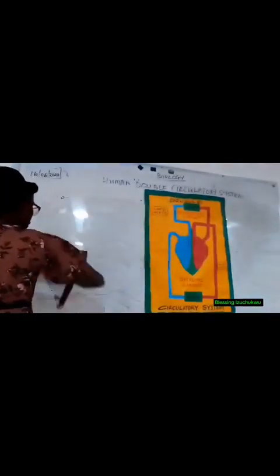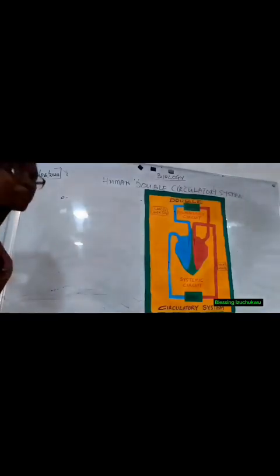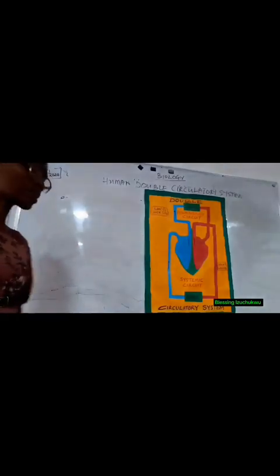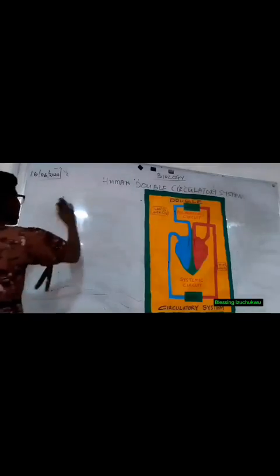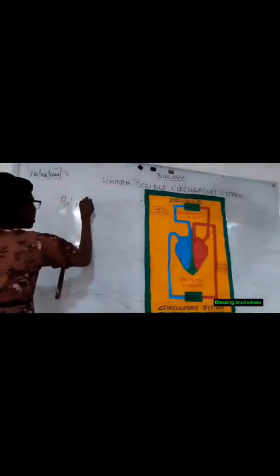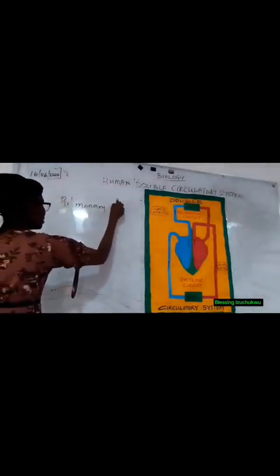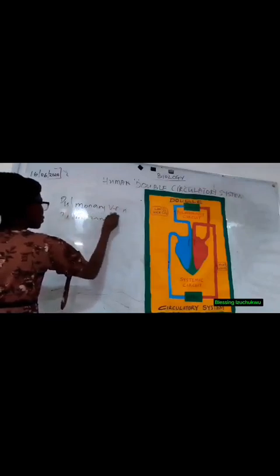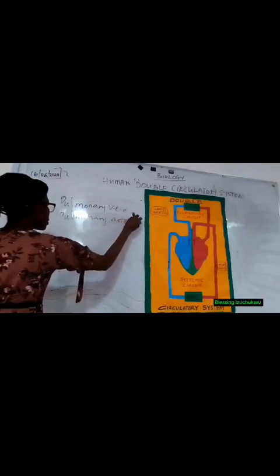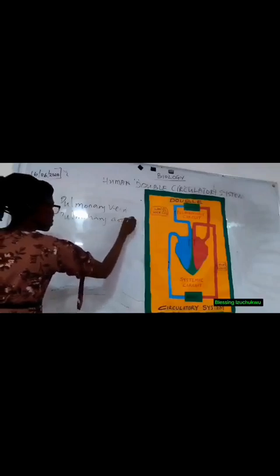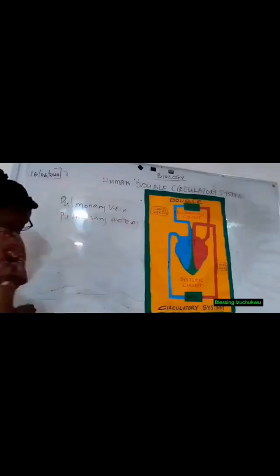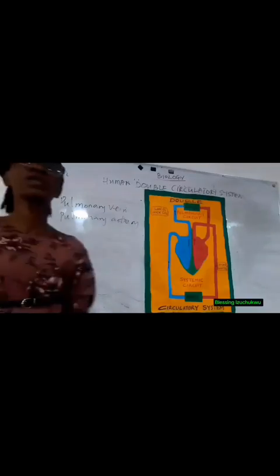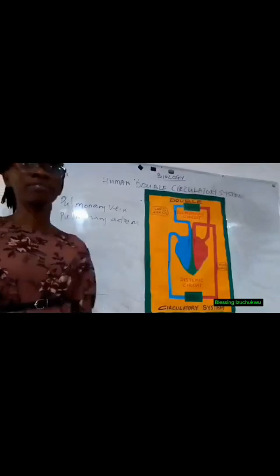Like I was saying before I paused so that you can put down the learning objectives in your notes, there's an exception to this, which is the pulmonary vein and the pulmonary artery. Veins carry deoxygenated blood back to the heart, except the pulmonary vein.